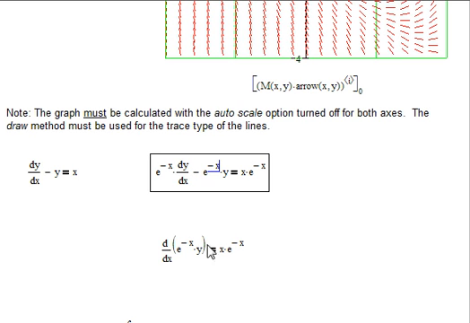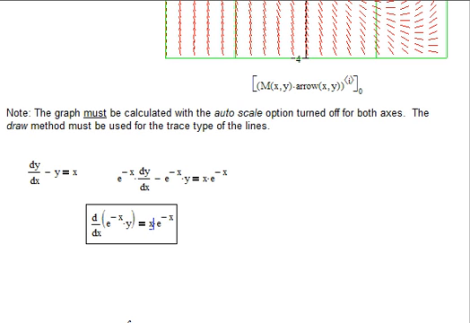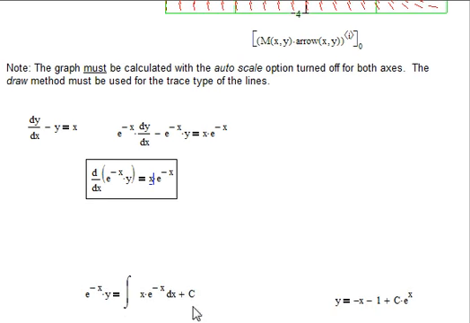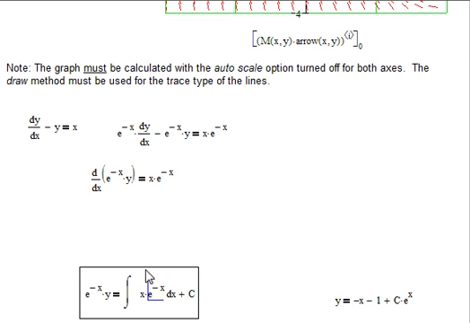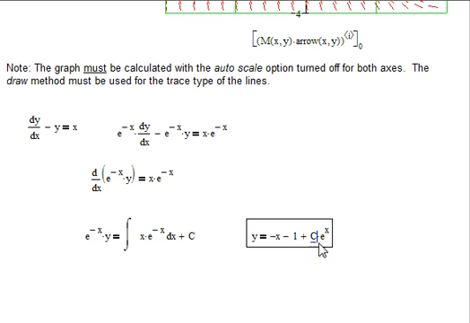You should get this idea because I'm just doing something from chapter 1. Since the derivative of this side equals this side, if I integrate both sides and then multiply both sides by e to the positive x, you would get this solution.